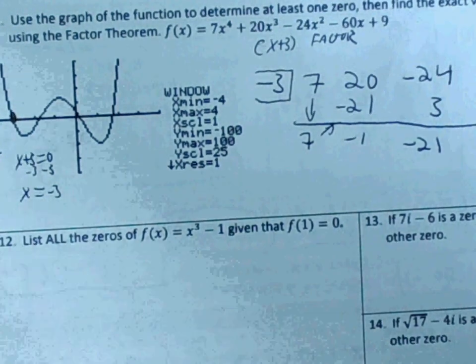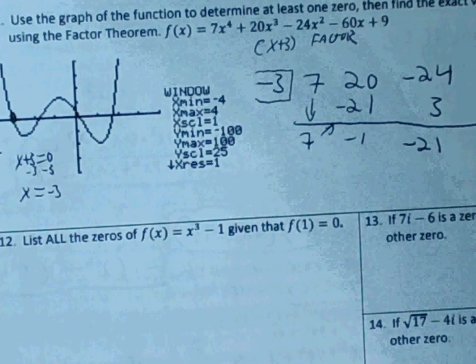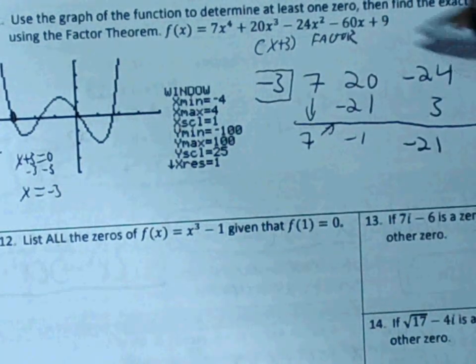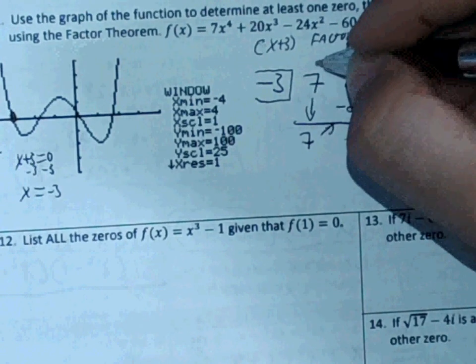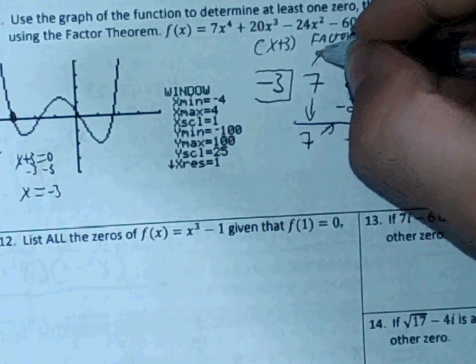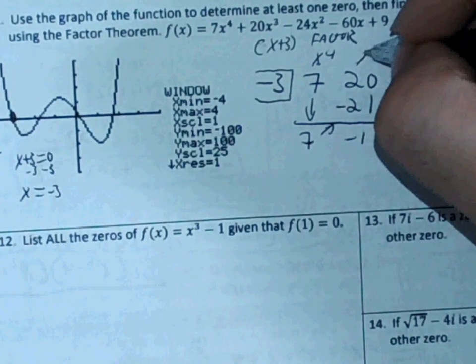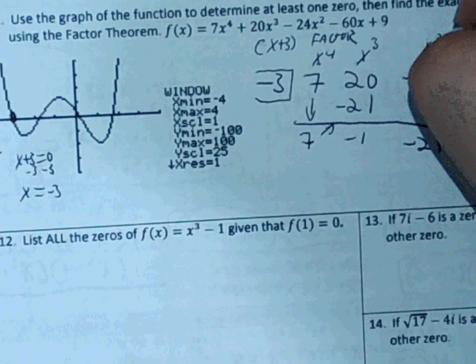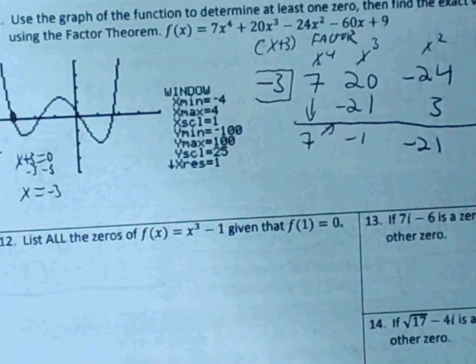So we can factor out that x plus 3, and this will show us what our new function is. What originally was the x fourth term, the x cubed term, the x squared term, the x term, and the constant, you go one down in degree.